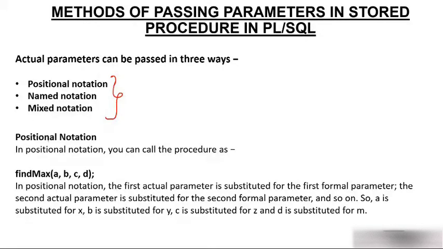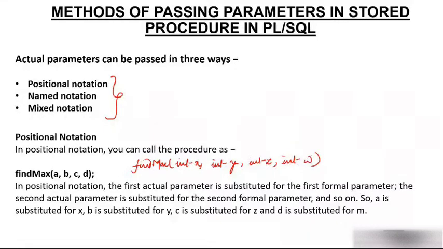So what is positional notation? In positional notation, you can call the procedure as, suppose we are calling a function find max(a, b, c, d), and suppose the definition is find max(int x, int y, int z, int w).